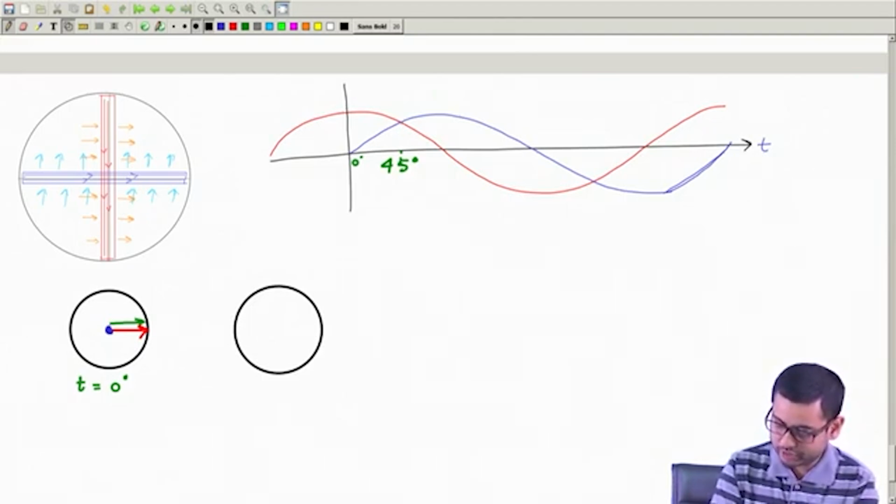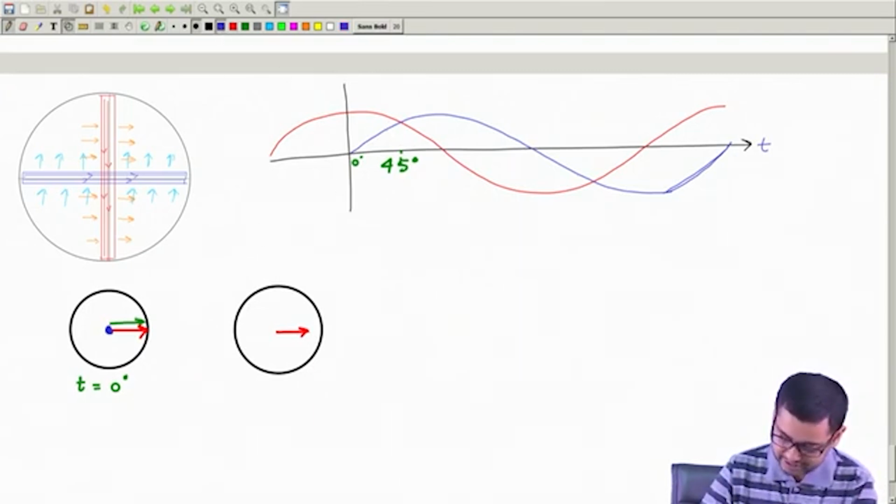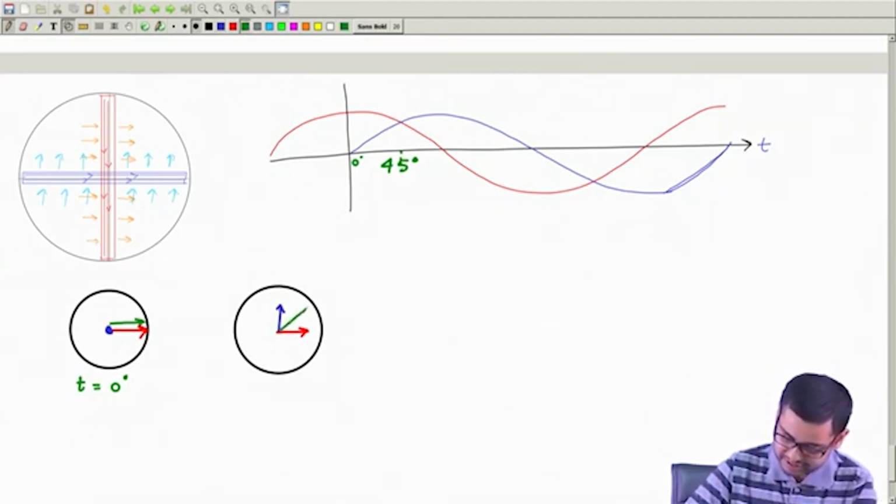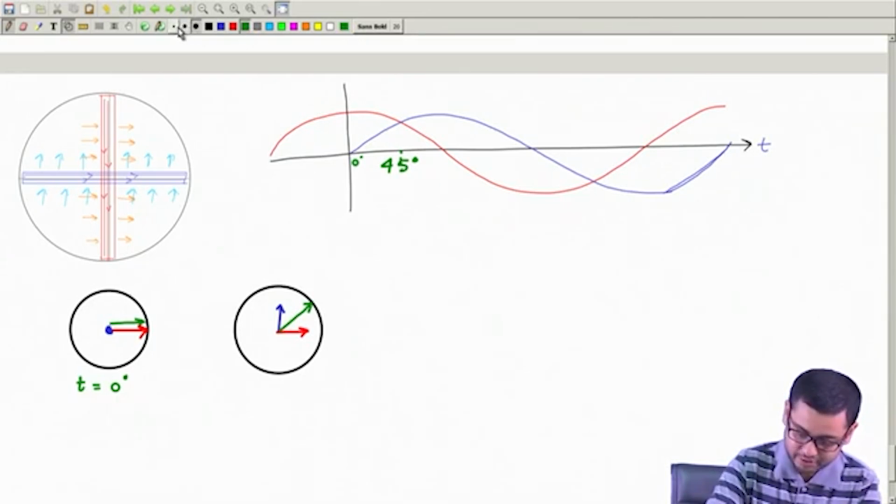If it is I0, it will be I0 by root 2 at 45 degree. So the red flux we can draw like this with a smaller length, and the blue flux we can draw like this. It is again upwards, because this current is now positive. Okay, and its length is the same as the length of this, their magnitudes are same. So the resultant flux will be this. Okay, so the green is the resultant flux.